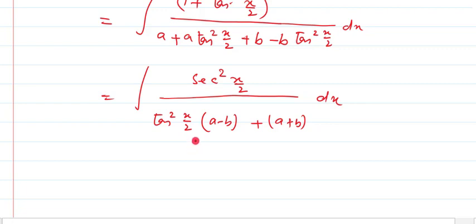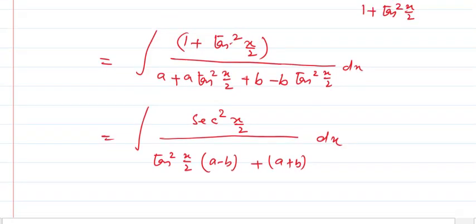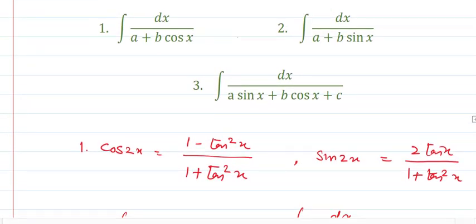So let me do such a type of question by taking values of a and b as some constants. Similarly, for the problem of dx upon a plus b sin x, when you use this identity, 2 tan x by 2 upon 1 plus tan square x by 2, the same type of terms will be created, and then you can simply solve it by substitution.